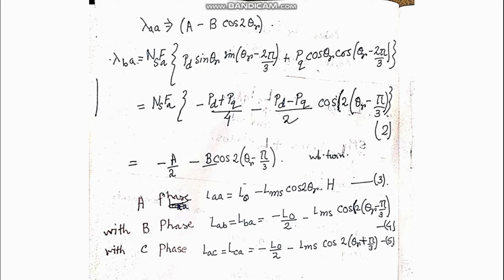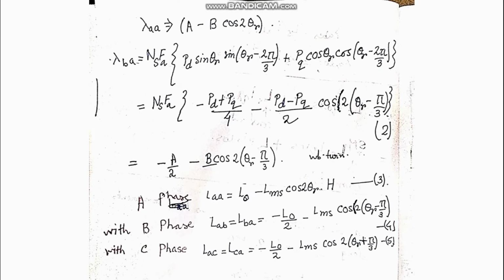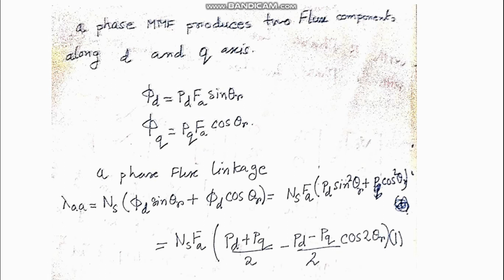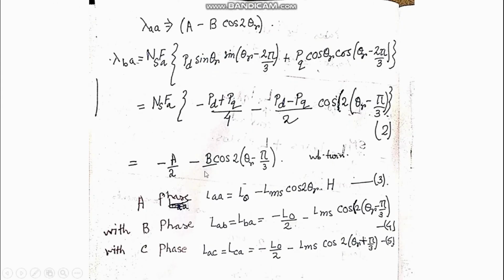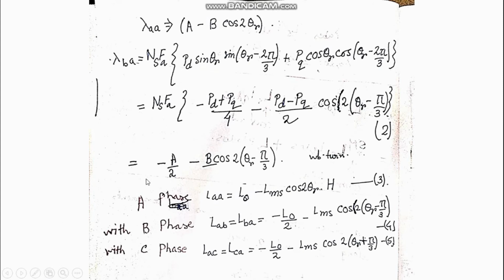In a normal machine, if you can recall, we usually get Lss plus Lms for a phase, and here we used to get minus Lms by 2, but here you can see that we are getting minus A by 2 and minus B, this kind of thing.